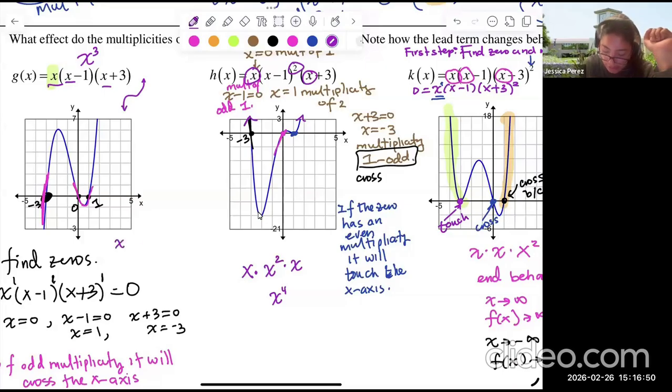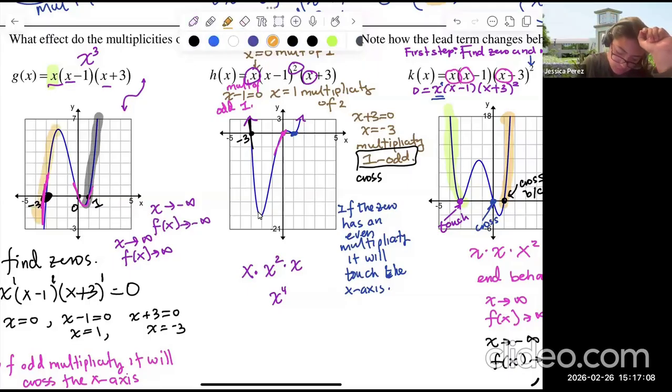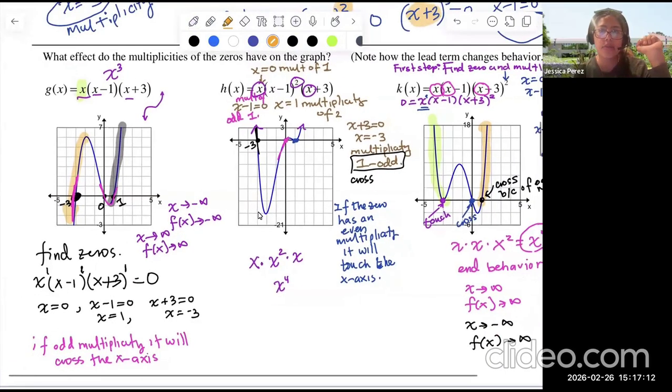So as x approaches infinity, my function will go to infinity. So I'm looking at this portion. If I'm coming from x going in the negative direction, then my function will also go to negative infinity, which I'm looking at in this direction. So that would be my end behavior.